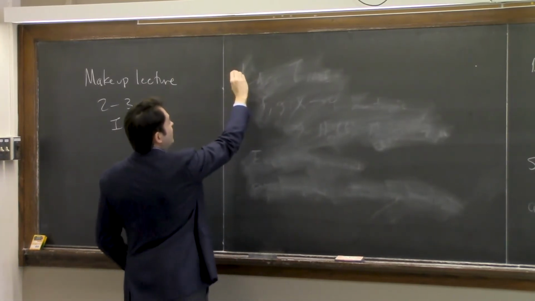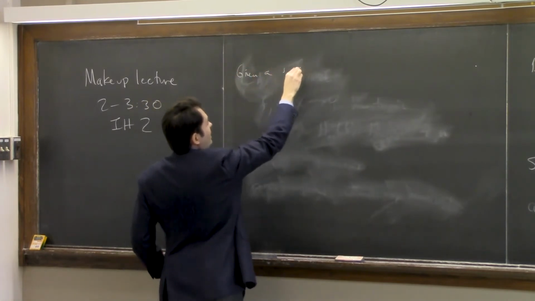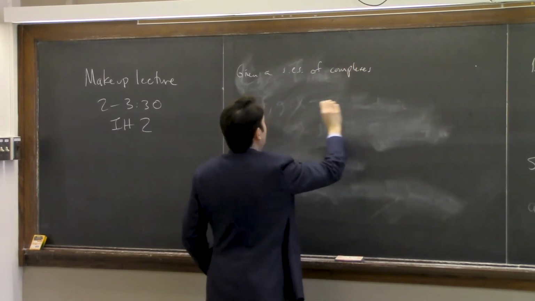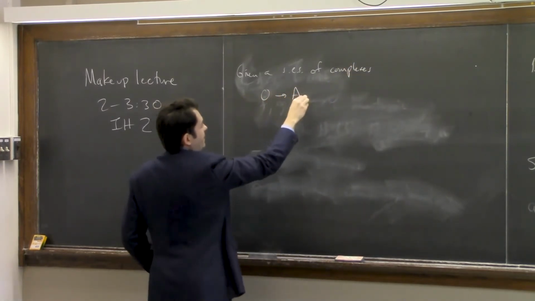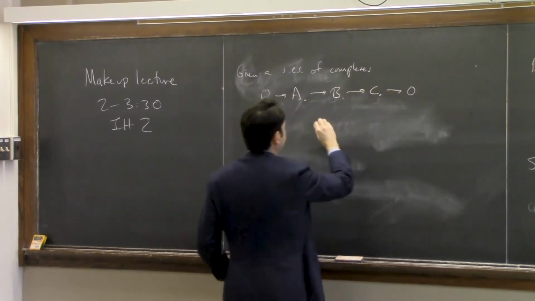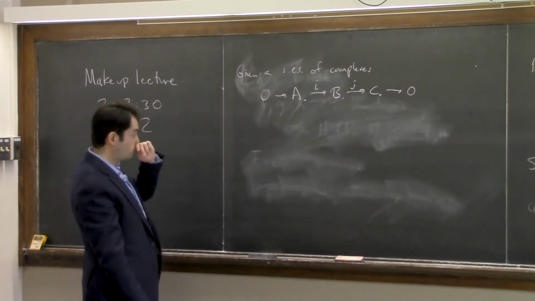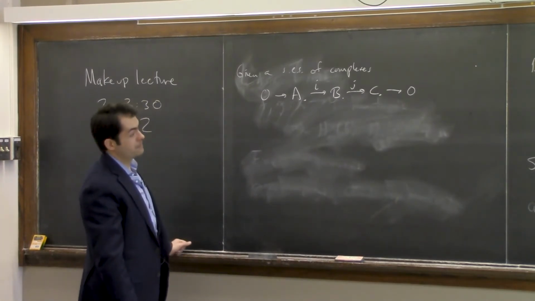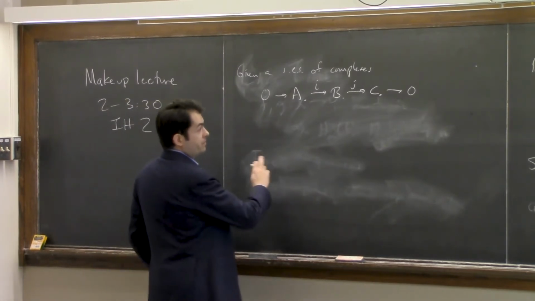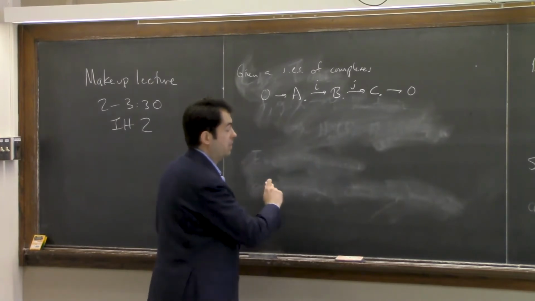So let's say you have a short exact sequence of complexes: the A complex, B complex, C complex. Let's call this map I, this map J. The claim is that you're going to get a long exact sequence in homology.